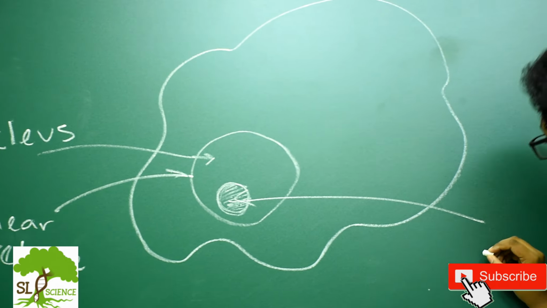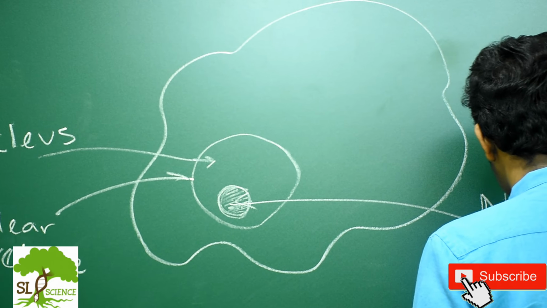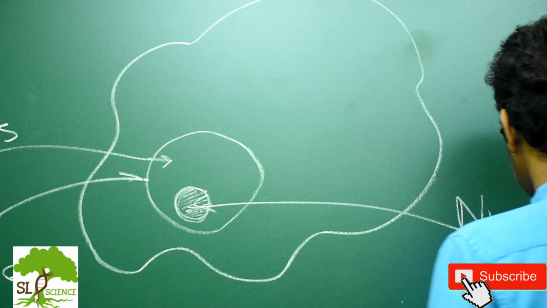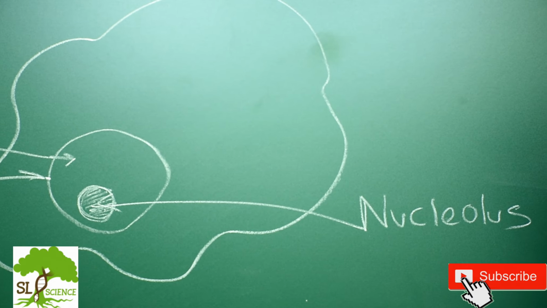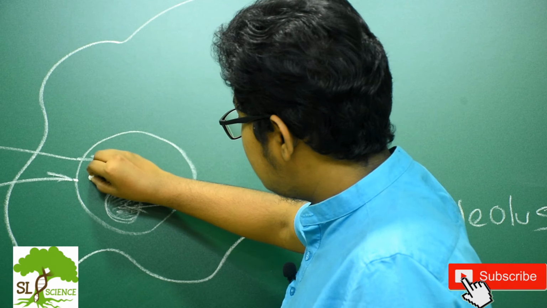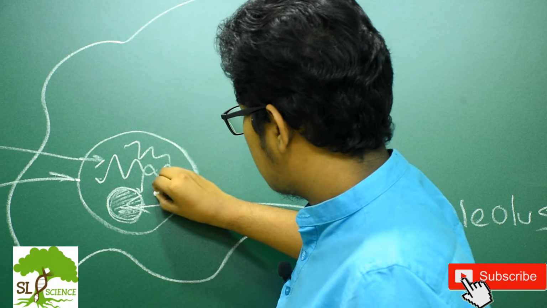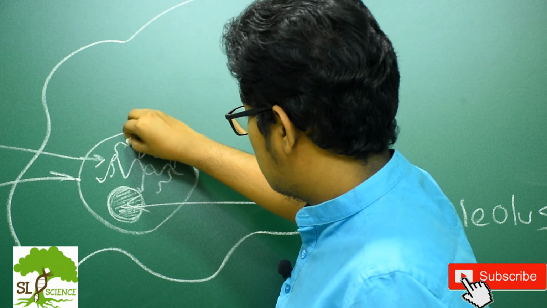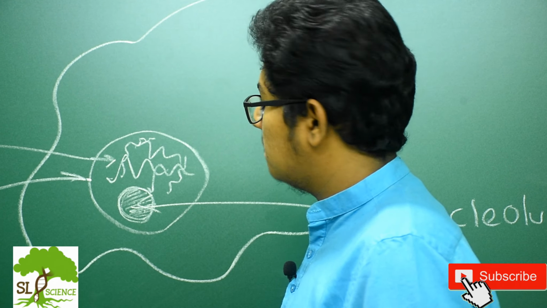This is called the nucleolus. There are also some thread-like bodies we can see when we look at this in a normal microscope.